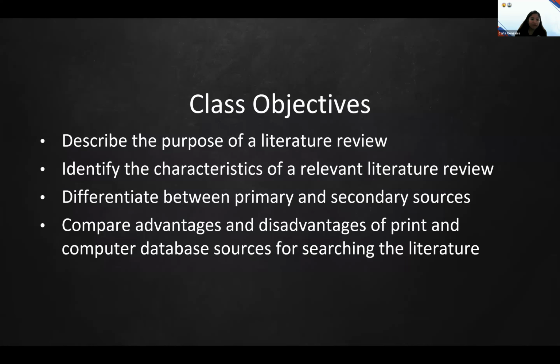And then compare advantages and disadvantages of print and computer database sources for searching the literature. Before, we were used to going to the library to review hard copies of textbooks, but now we have a very large computer database for these resources, which are very accessible to everyone.